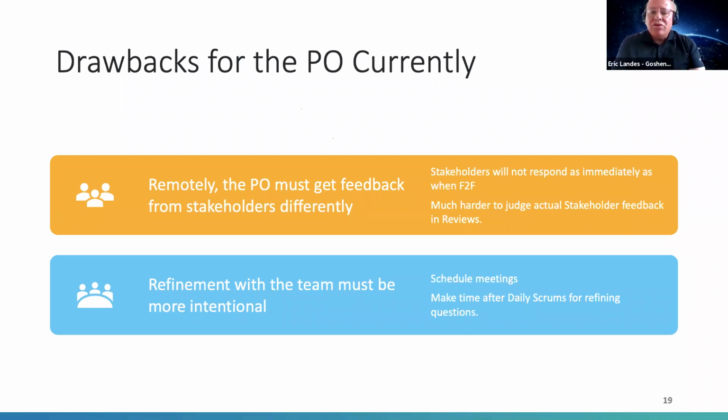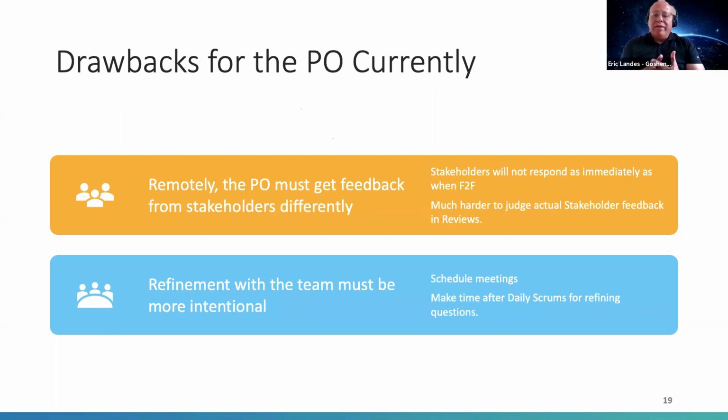I have to be very intentional if I'm the product owner to get their feedback. Maybe I've already done that, but I'm just saying in this instance, as in all things, we have to be a little more intentional to make our interactions with others happen. It's also, like I said, much harder to judge actual intentions in the reviews and what the stakeholders are wanting.